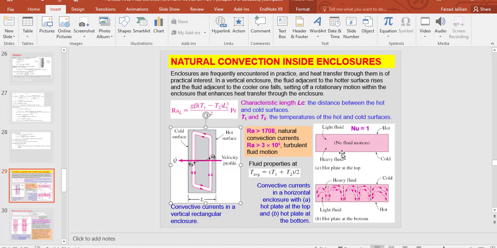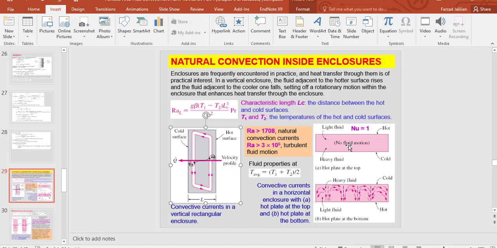This is a heavy fluid. So when the top surface is hot, the fluid motion is not enough to have convection heat transfer. So we have only conduction heat transfer. And if you remember, conduction heat transfer means Nusselt number equal to 1.